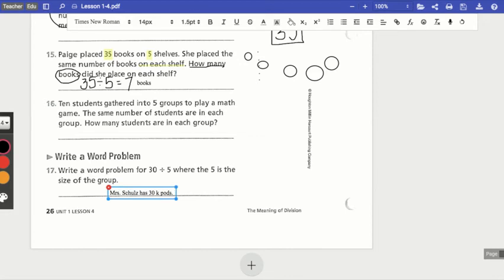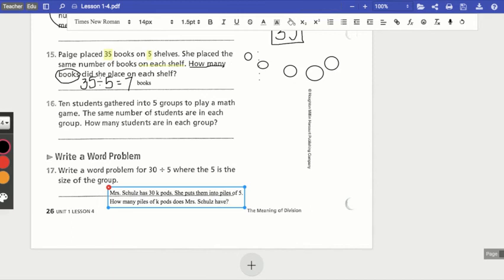If 5 is the size of the group, then I could say she puts them into piles of 5. How many piles of K-pods does Mrs. Scholes have?